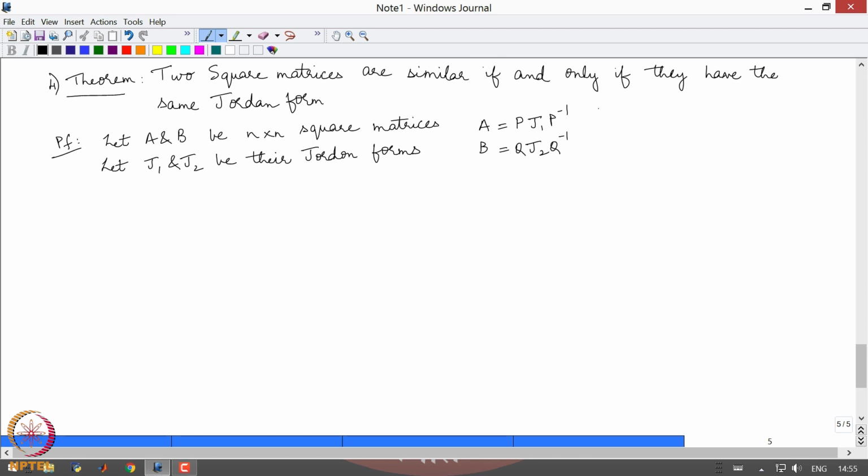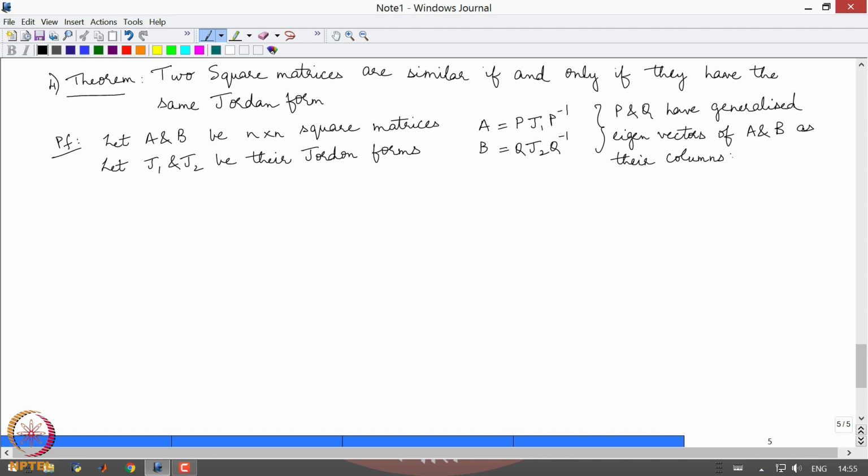And you can actually see that P and Q have the generalized eigenvectors of A and B as their columns. This is what was discussed during one of the lectures when the Jordan forms were introduced and how we can convert a matrix to its Jordan form. So, that is what P and Q will be.